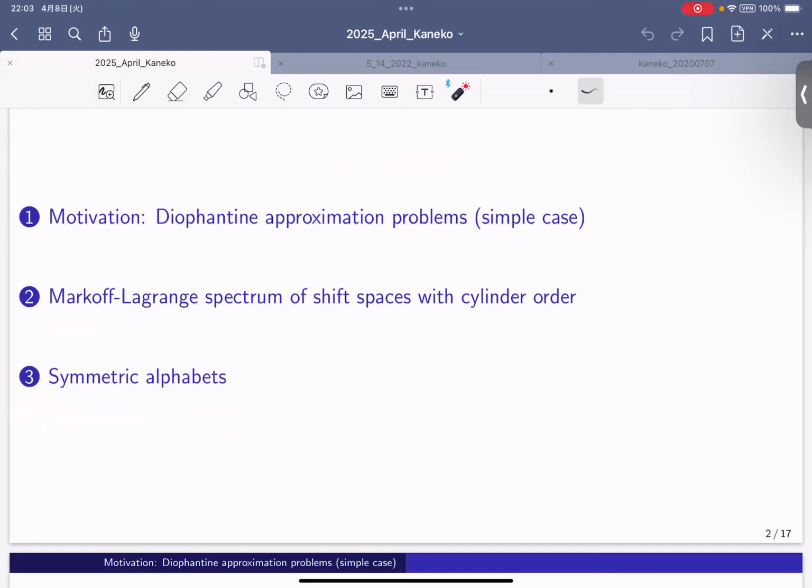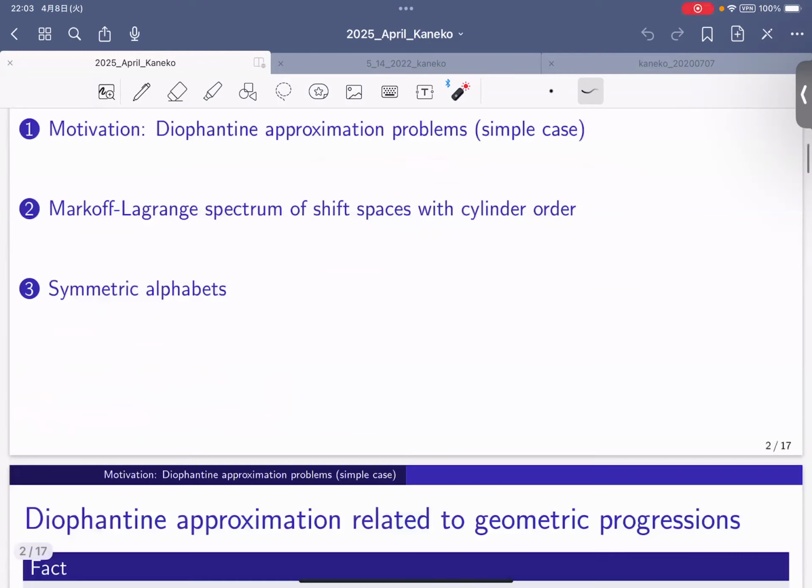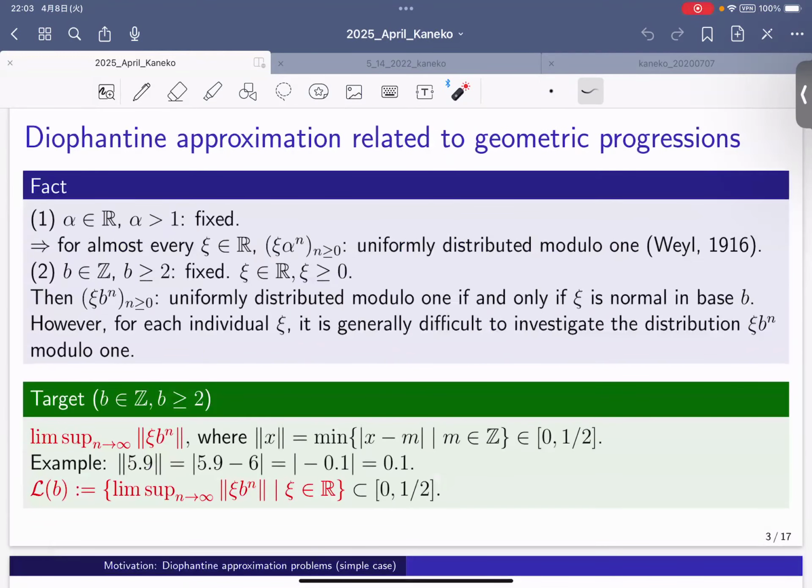So, the Diophantine approximation problems related to geometric progressions. It's uniform distribution theory. The classical result by Weyl, 1916, says that for any real number alpha greater than 1, this is a common ratio, and for almost every real number xi in the sense of Lebesgue measure, the geometric progression xi alpha to the n is uniformly distributed modulo 1.